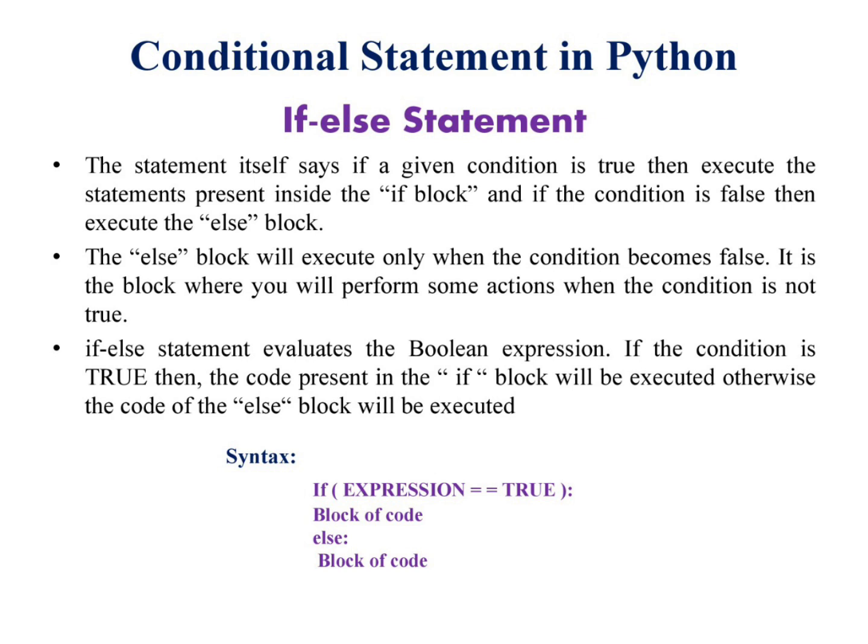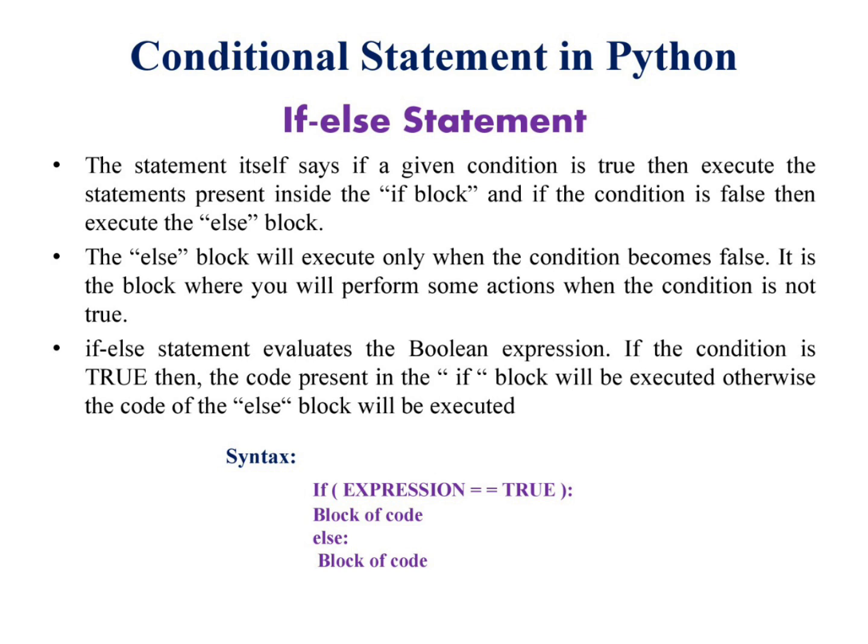It is the block where you perform some actions when the condition is not true. The syntax of the if else statement is: if expression, then block of code, else block of code. The block of code can be a single statement or multiple statements. Let me show you the flow chart.